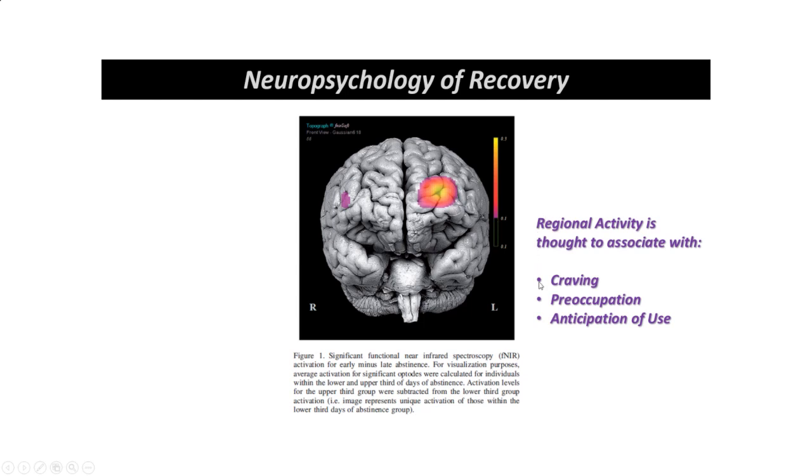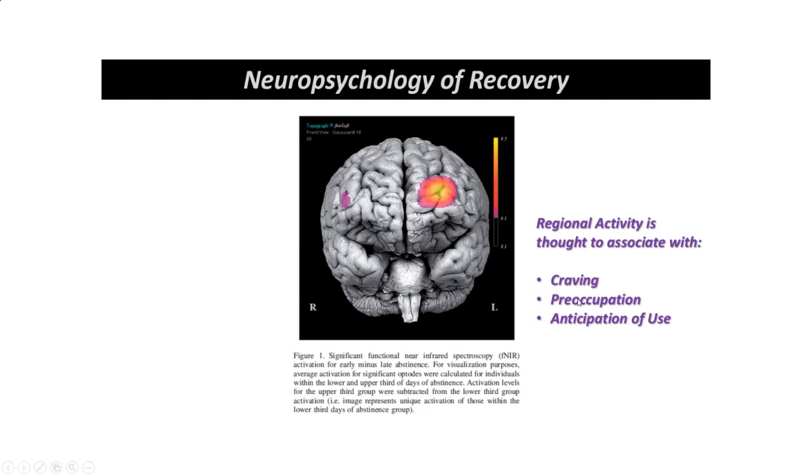The literature and scientists believe that this type of activity is associated with craving, preoccupation, so thoughts, I can't think of anything else but drinking alcohol, and anticipation of getting to drink alcohol. Particularly that activation there on the left side.